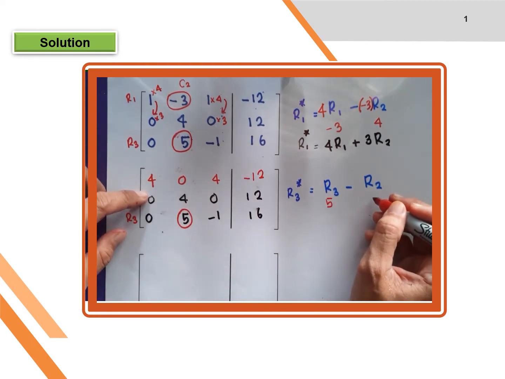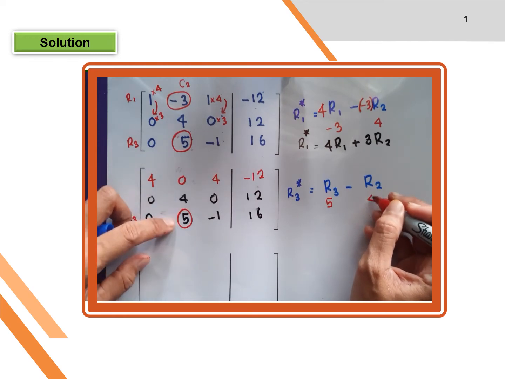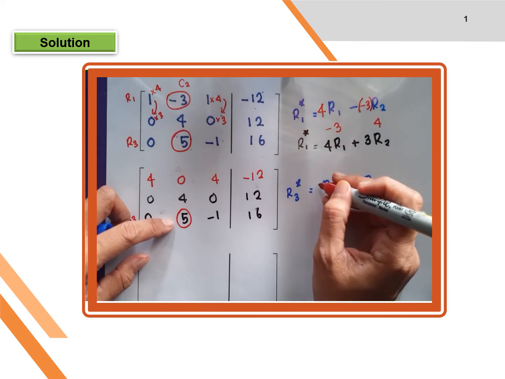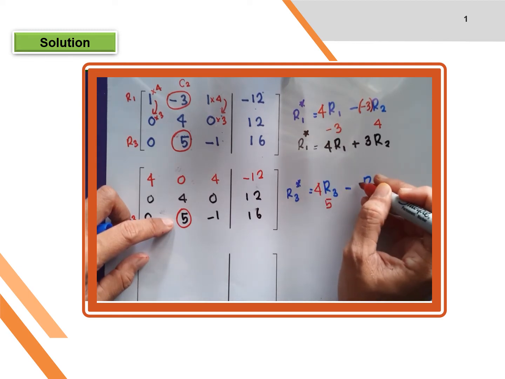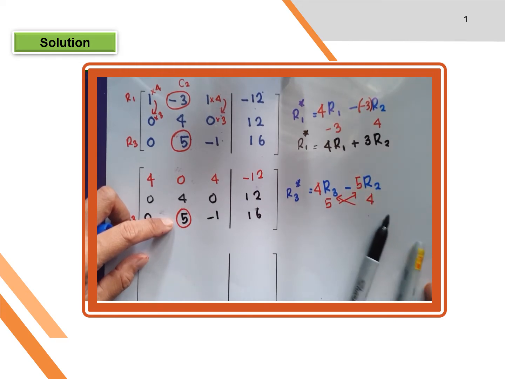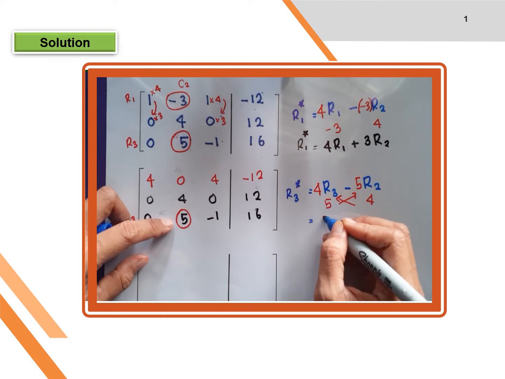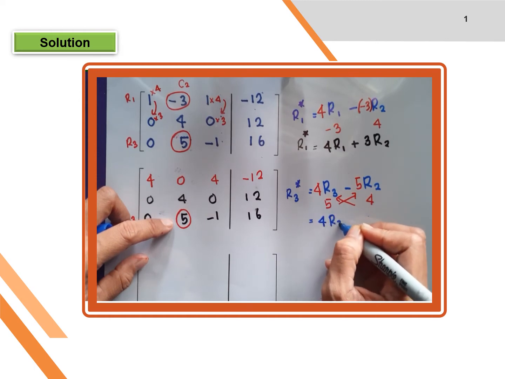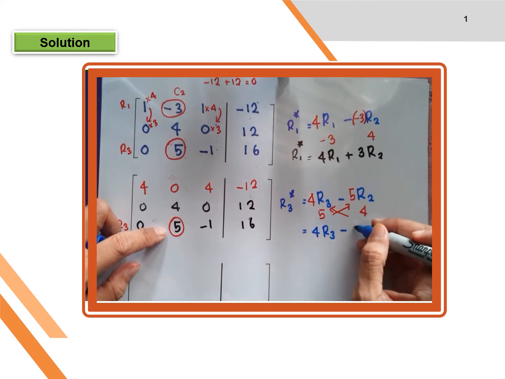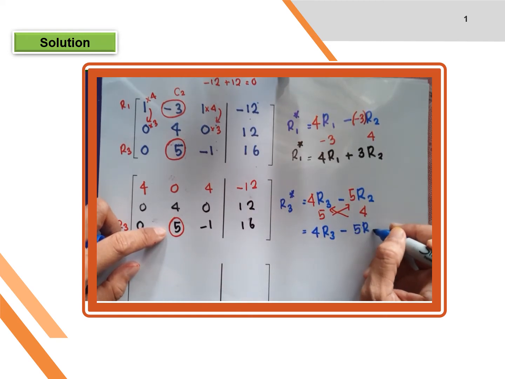The number in row number 2 is 4. Then multiply 4 by row number 3 and 5 with row number 2. Cross multiply. So the formula is 4 row 3 minus 5 row number 2.